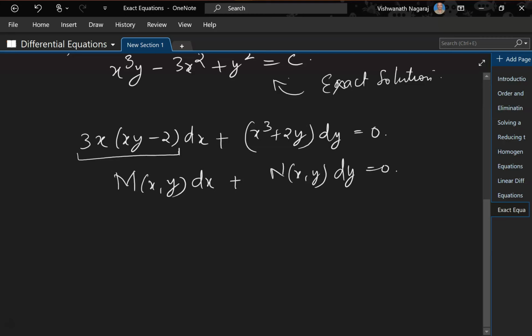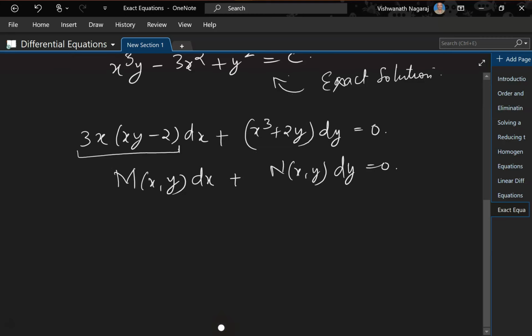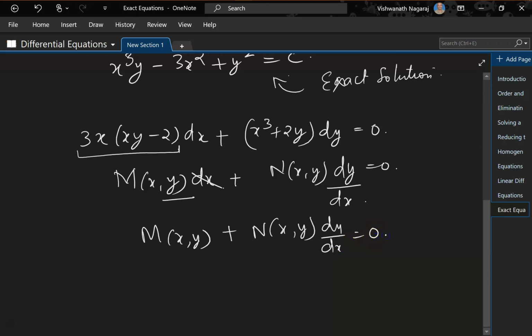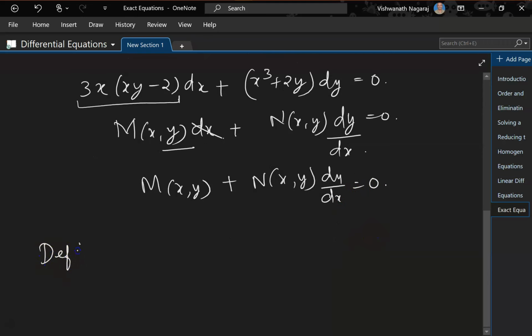This could be in this form, or if you take this to the other side, it becomes minus M dx. Bring dx down, so it could also be in this form: M(x, y) + N(x, y) dy/dx = 0.